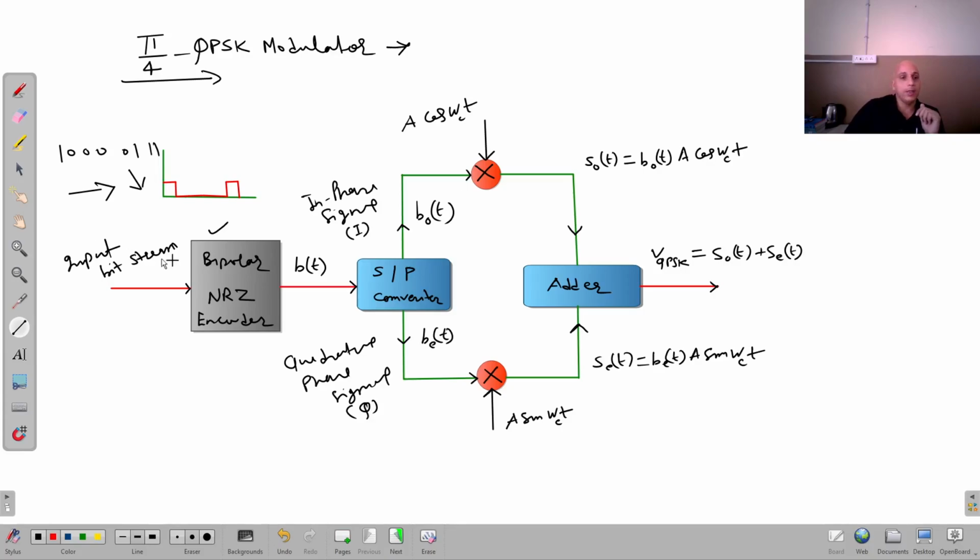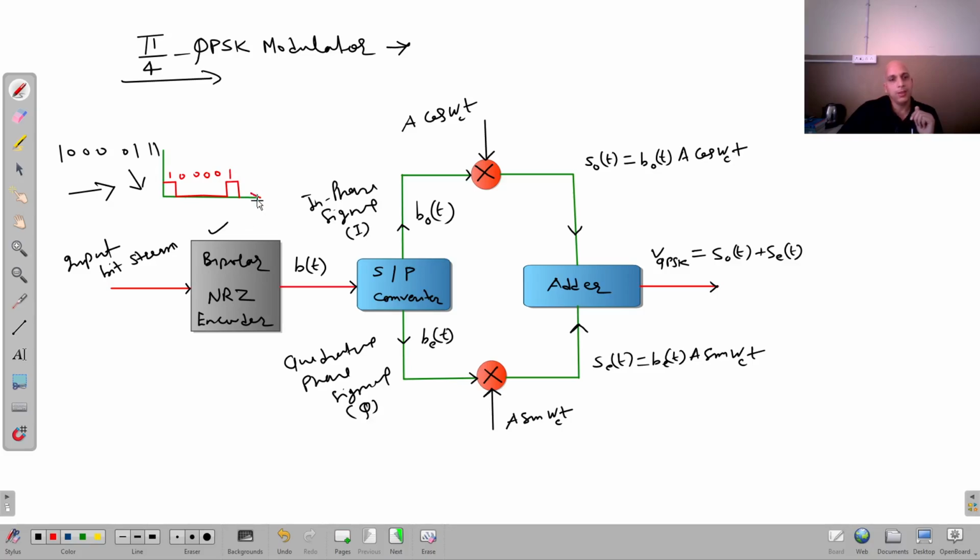But when I convert it into NRZ, it is 1, then 0 0 0 0 1.